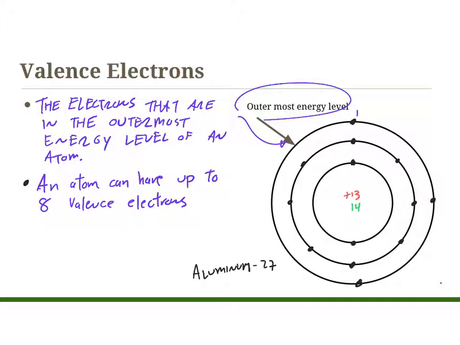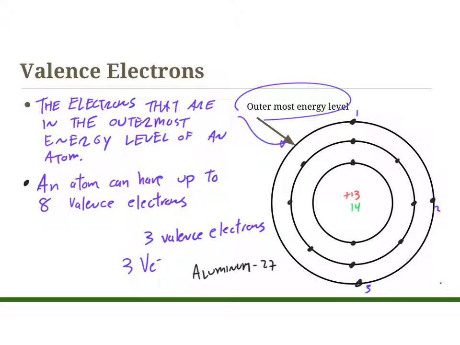So it'd be 1, 2, 3. So the atom of aluminum has 3 valence electrons. I'm probably going to always write them as 3 capital V E with a minus because that will make things a little quicker. So that's how we determine an atom's number of valence electrons.